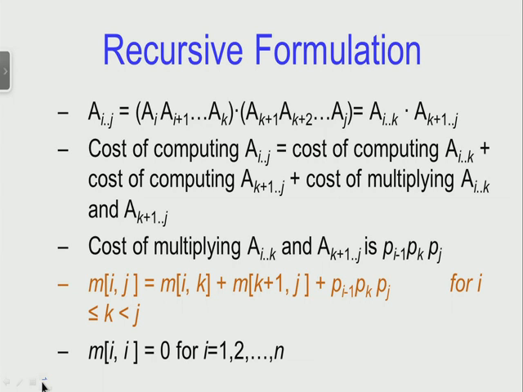And indeed, the number of multiplications to compute an empty product is 0. That is, m of i comma i is the cost of multiplying A i, where there are no multiplication operations involved. Therefore, this is taken to be the value 0.